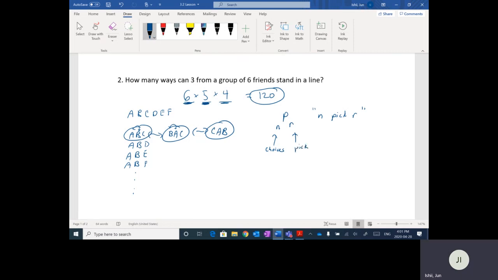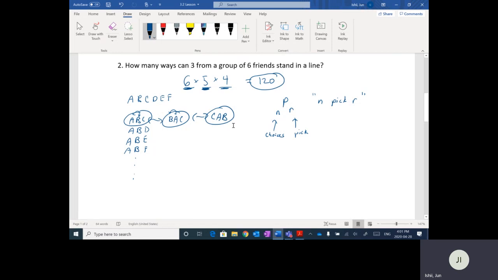So if I translate this question into this notation, this would be 6 pick 3, because there's 6 friends, but we're only picking 3. Now the formula for N pick R is equal to N factorial divided by N minus R factorial.